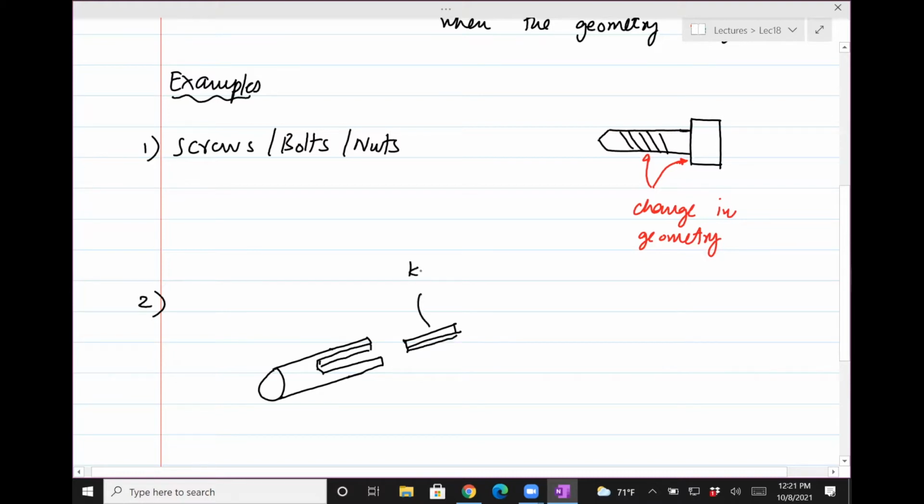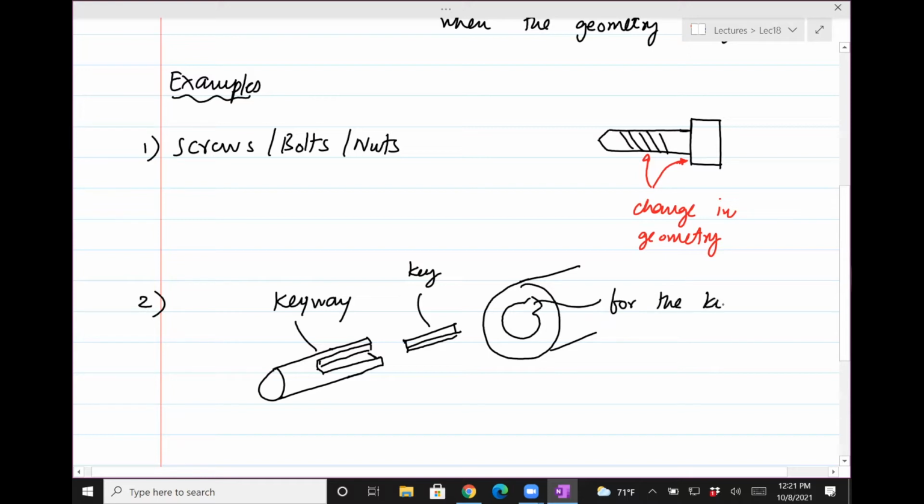So this is our key. This is the shaft with a keyway. That key can go in the keyway, and the way you mate it with another shaft is that there is a corresponding groove for the key.